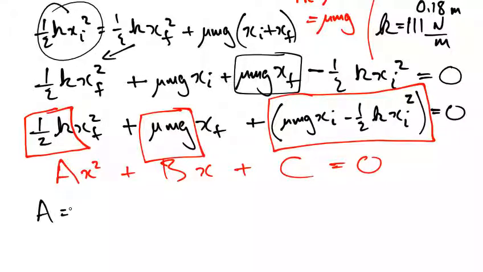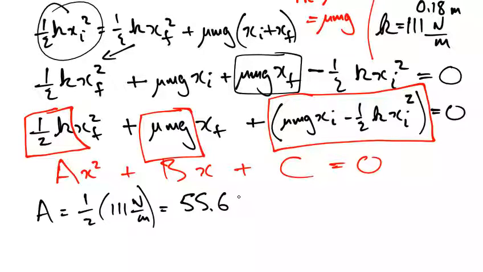So let's work out what they are. a is going to equal 1/2 of 111 newtons per meter, which gives me 55.55, so 55.6, say. And b is going to give me 0.4 times the mass.